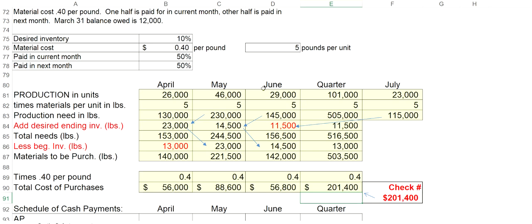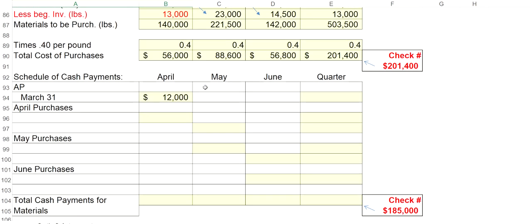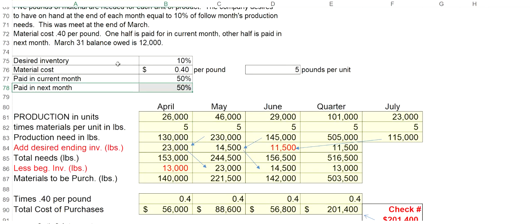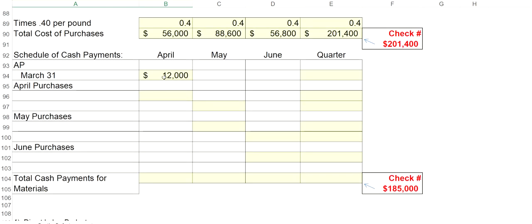Now, we buy our materials on account, so the cash outflow does not happen immediately. We get a little time to pay it. So the cash outflow consists of paying half in the current month and half in the next month. It does say the March 31st balance owed is $12,000, and so we'll bring that in as our April 1st balance. Okay, for April, we expect to purchase $56,000 worth of materials.